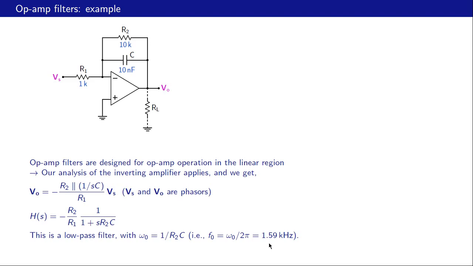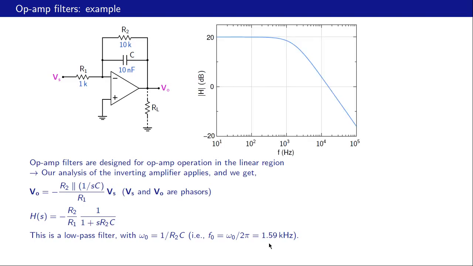So this circuit will function as a low pass filter with a cutoff frequency of 1.6 kilohertz. And that is the plot of mod H in dB versus F on a log scale. It has a gain of 20 dB in the pass band, as opposed to the passive RC low pass filter that we have seen, which had a gain of 0 dB in the pass band.